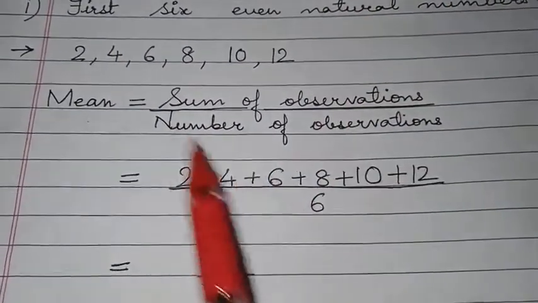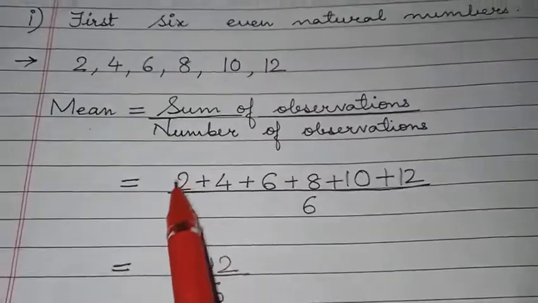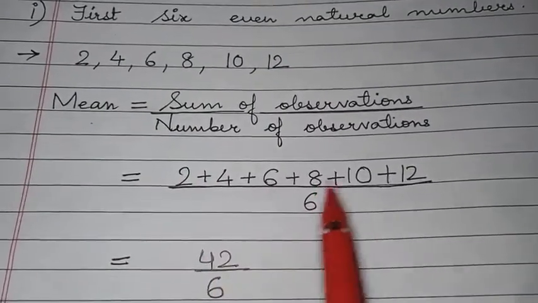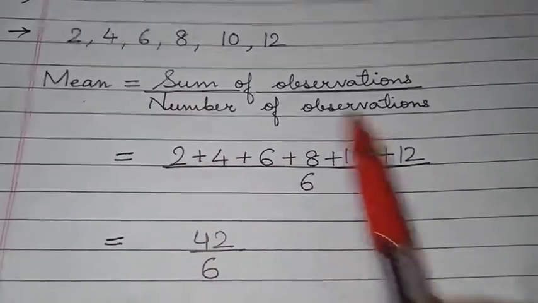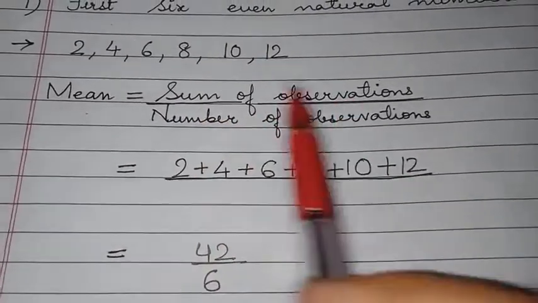So the sum of observations is 2 plus 4 plus 6 plus 8 plus 10 plus 12, divided by the number of observations, that is 6.